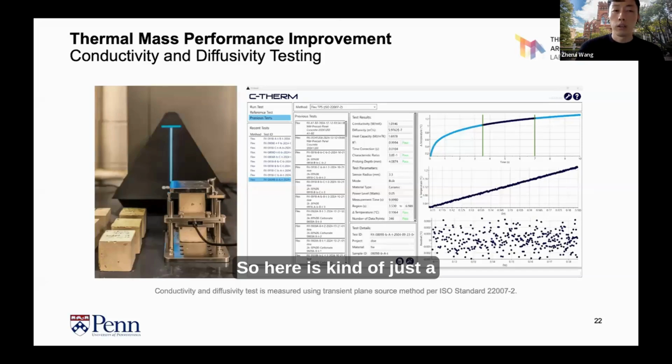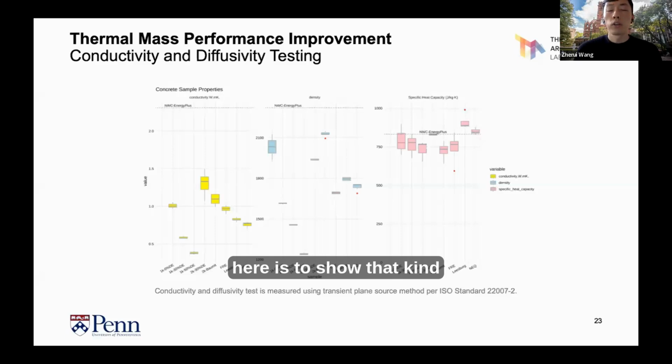So here is just a quick glimpse of what that looks like in our lab. And here is to show the range of conductivities and diffusivities related to the samples that we're able to test in our labs here.